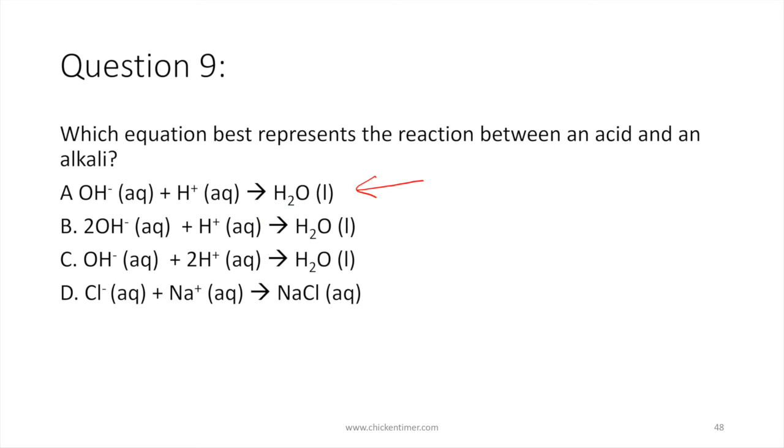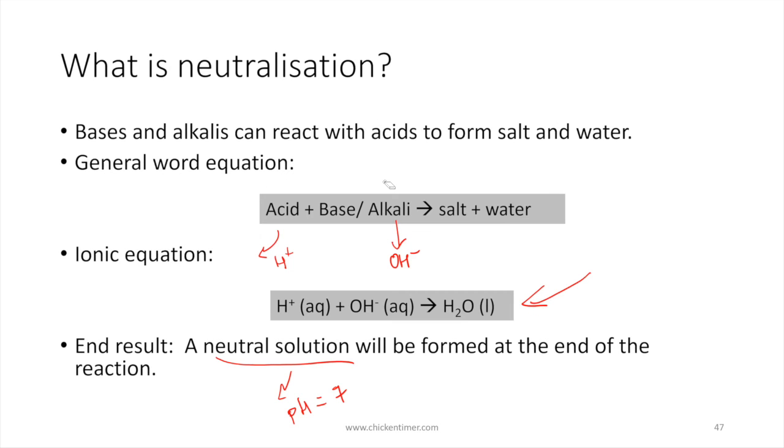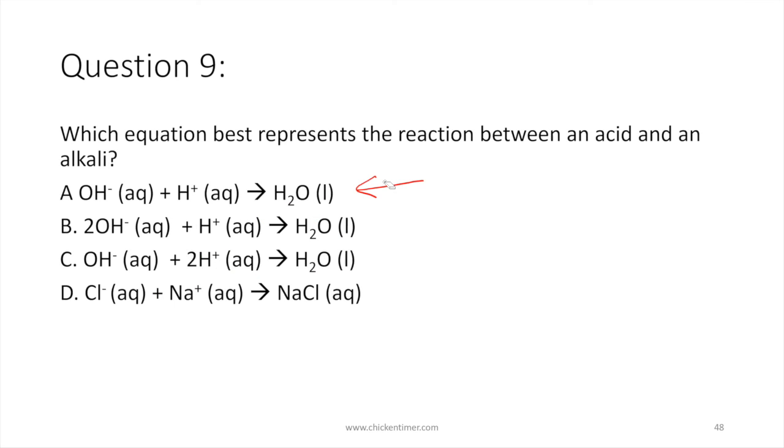Which equation best represents the reaction between an acid and an alkali? Whichever neutralization reaction, whatever chemicals you use, neutralization is always H plus and OH minus gives you water. So A is the answer as well.